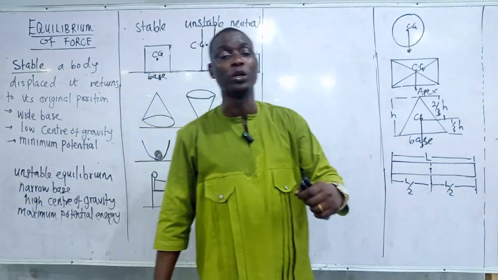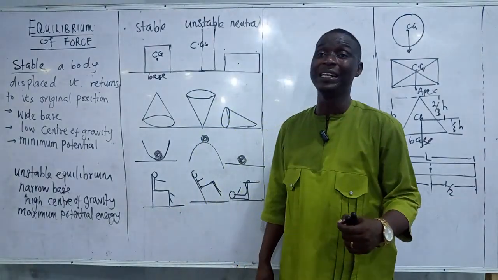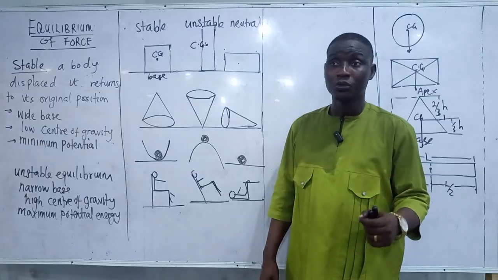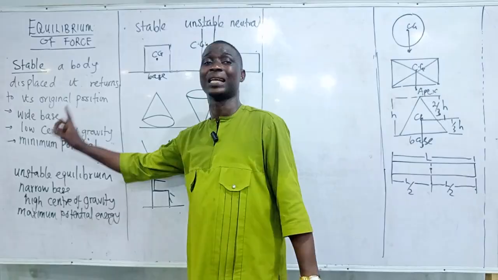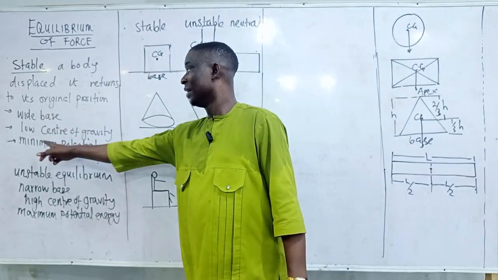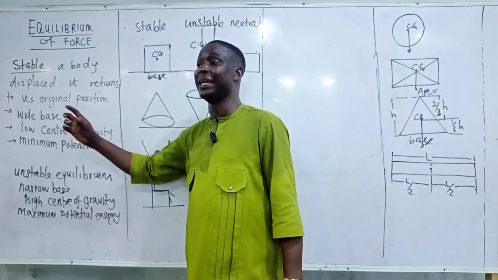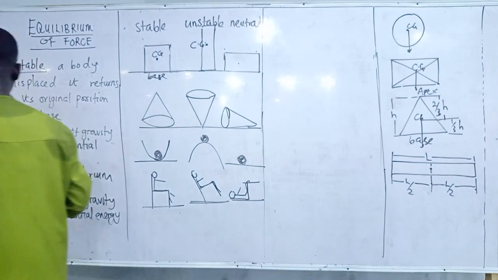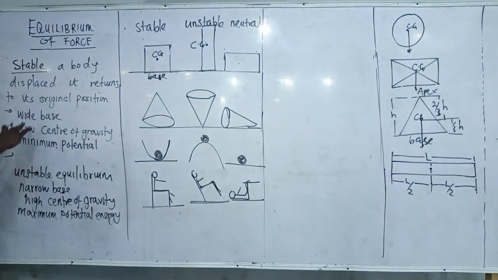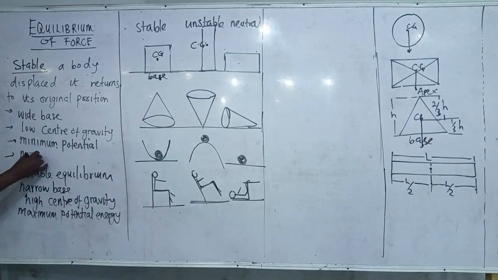The ability of a body to remain in position. You understand? So you increase your potential energy during displacement. And when you increase your potential energy, they become stable because of what? When they are increased, they become stable. And when they become stable, they have what they call maximum what? Kinetic energy.